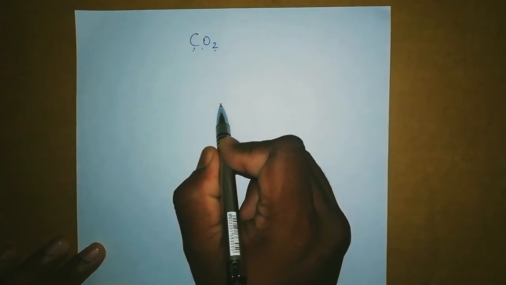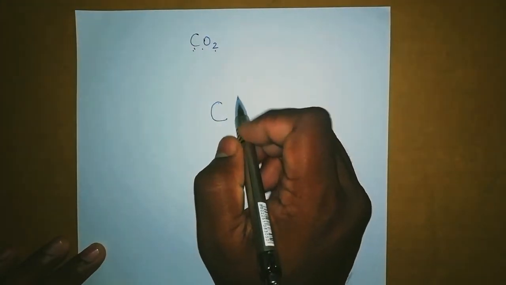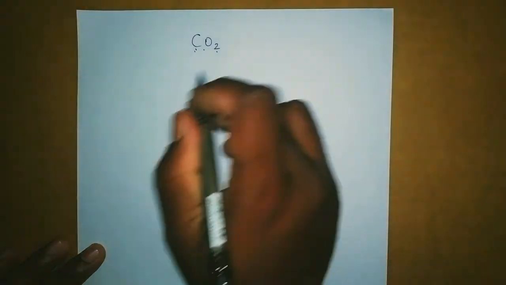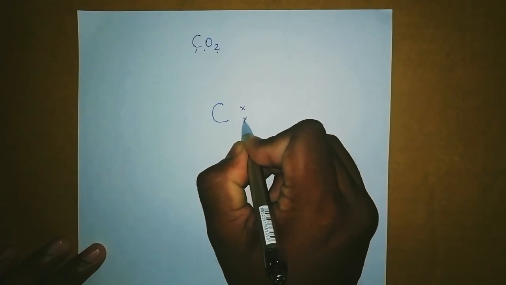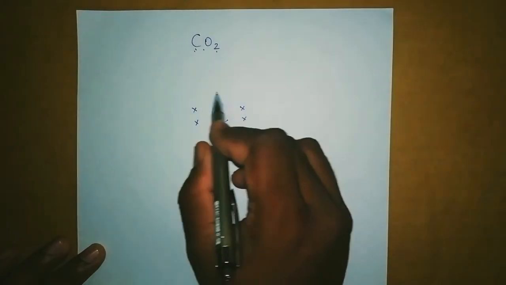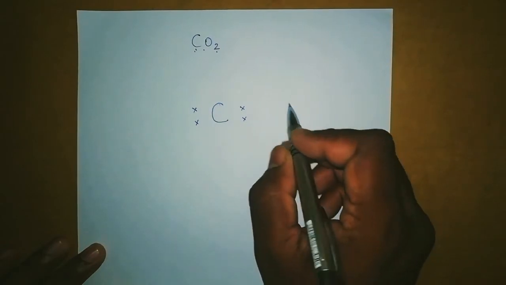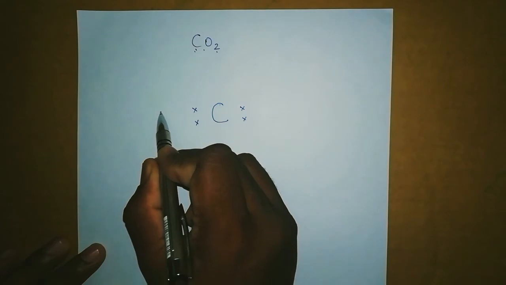So let's draw for carbon. As we know, carbon has 4 valence electrons in the last shell, so I'm going to write 1, 2, 3, 4. So 4 valence electrons of carbon. And I'm going to draw 2 oxygens on both sides of carbon.